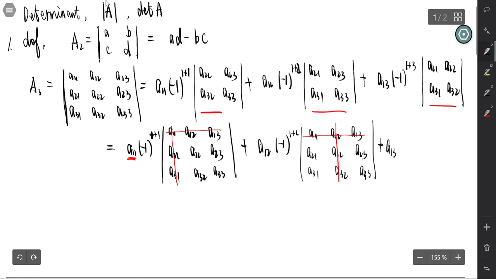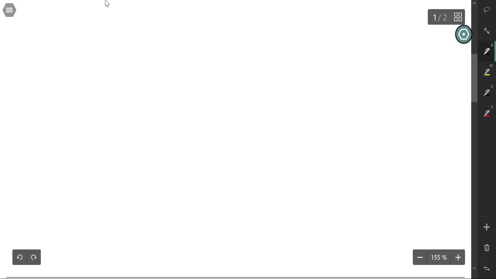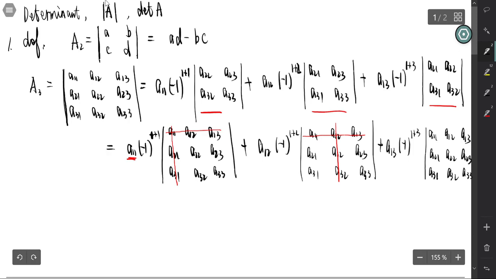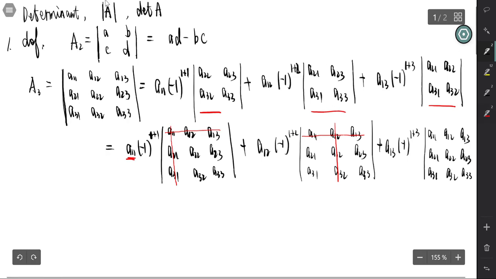Plus a13 times negative 1 to the power 1 plus 3. We cancelled the row and the column of a13.